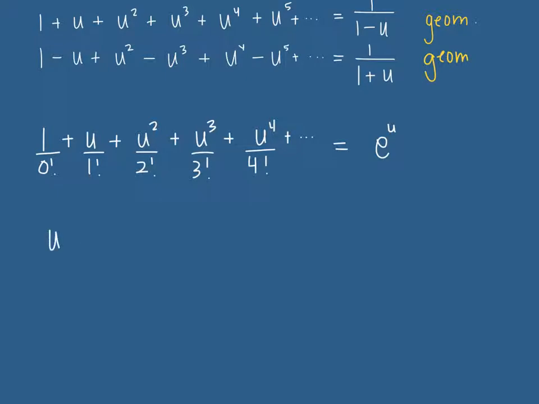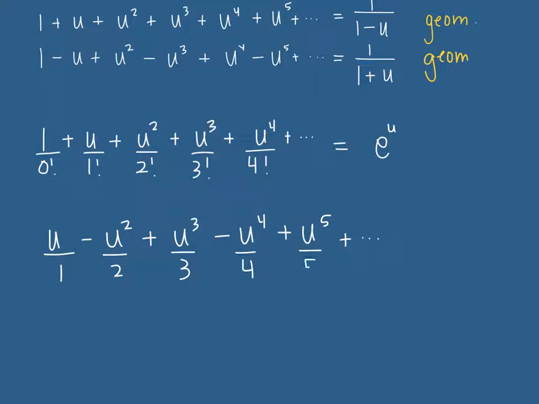Numerators are u minus u squared plus u cubed minus u to the 4 plus u to the 5. So the numerators oscillate. And the denominators are 1, 2, 3, 4, 5. No factorial.